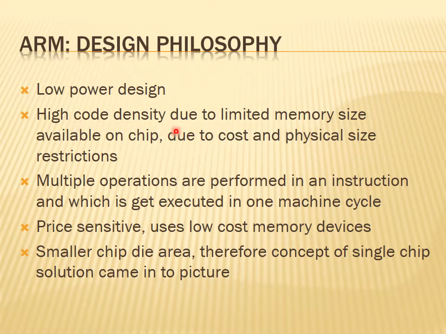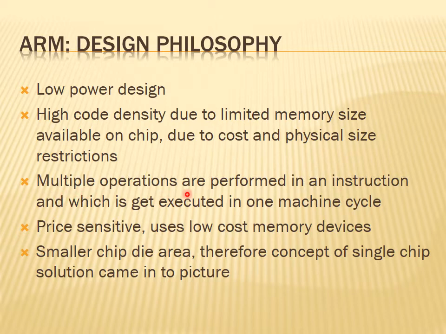It has a high code density due to the limited memory size available on a chip. Of course, the on-chip memory is very small in size, so naturally the code density increases over there. At the same time, they were deciding about the physical size and the cost also.